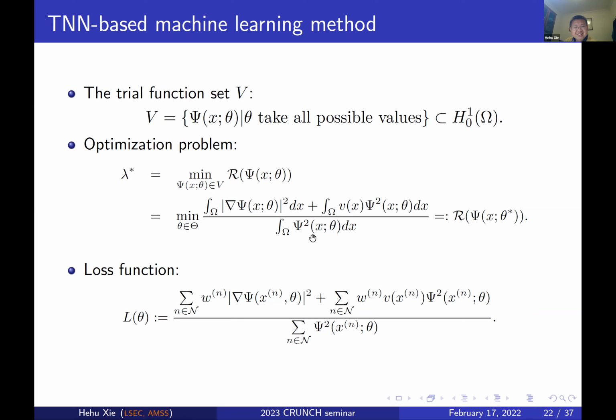With this type of optimization problem, you can compute the eigenvalue and the eigenfunction at the same time, so maybe it's more efficient, in my opinion.